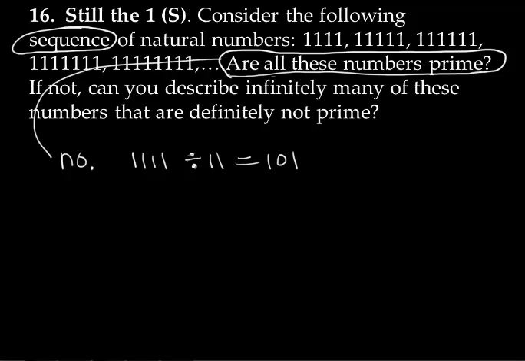Now the next question says, if not, can you describe infinitely many of these numbers that are definitely not prime? Well, let's see. There's 2 ways that you could answer this question. I'm going to change colors. One, you could consider the alternating sum of the digits.